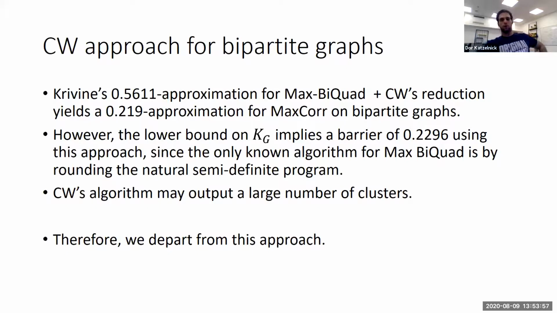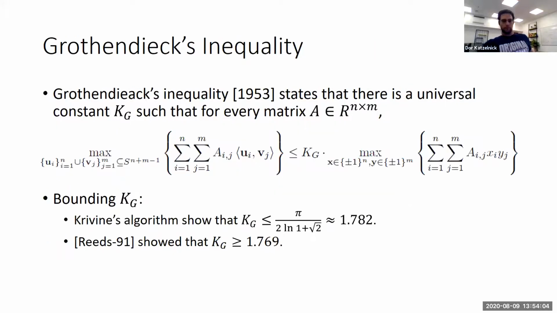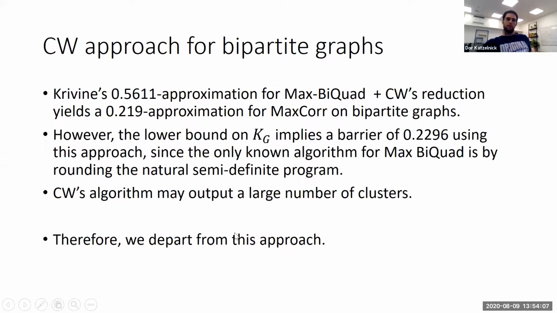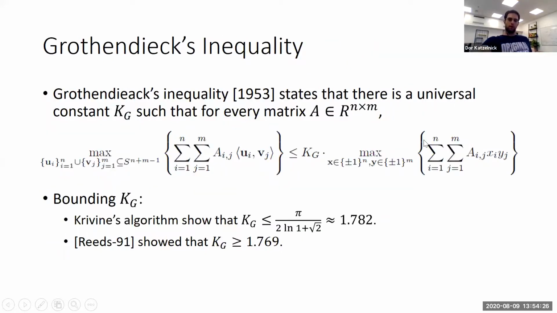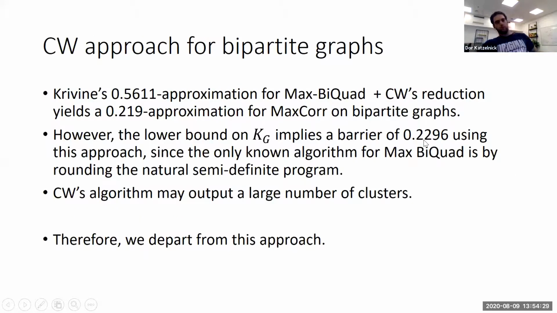It is important to note that there is a small barrier here because the Grothendieck constant is bounded by 1.769. So if you want to use this approach and round the semi-definite program to solve the max biquad problem and then use the reduction, you cannot hope for a better approximation than this number, 0.2296, after you plug in the bound of 1.769. So you can't hope for a better approximation than this one.